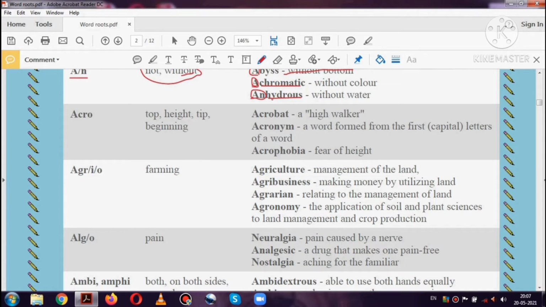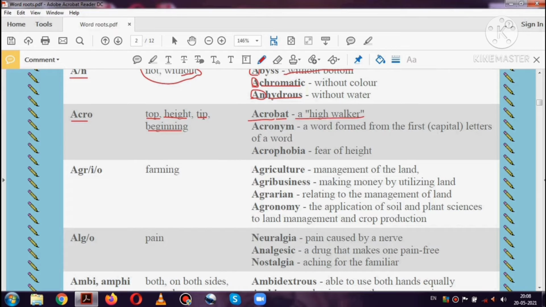The next word root is acro. Acro means top, height, tip or beginning. The first word based on this root is acrobat. Acro means height and bat means walker or traveler, so acrobat means a high walker.